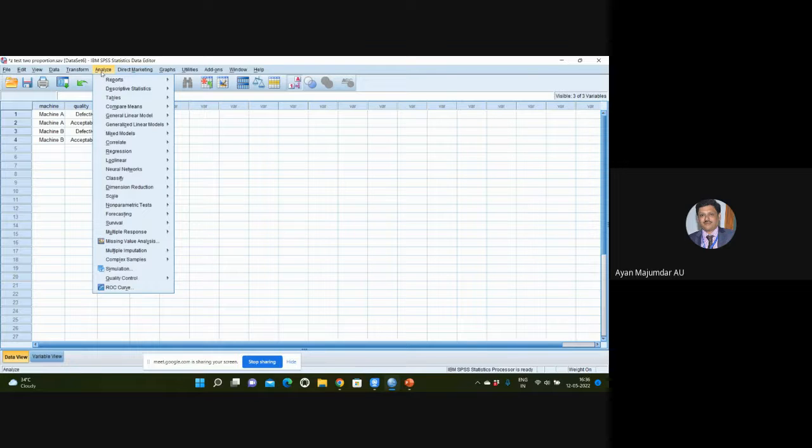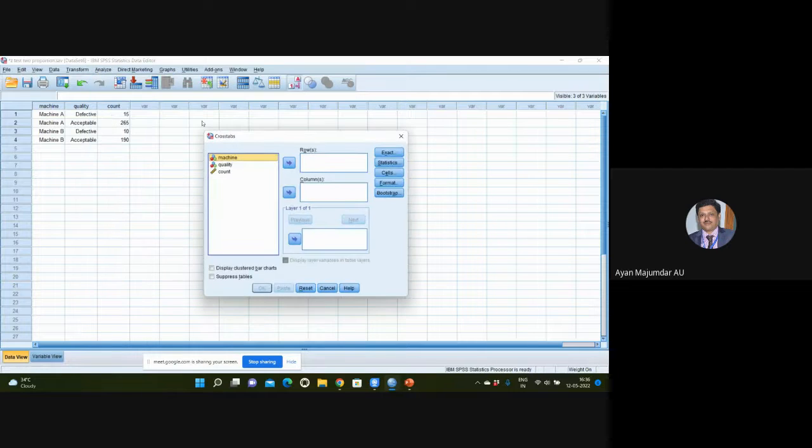We will go to Analyze, Descriptive Statistics, Crosstabs. There are two machines A and B, and the subdivision of that is the quality, defective and acceptable. So in the row, we will take up the machine. In the column, we will take up the quality.